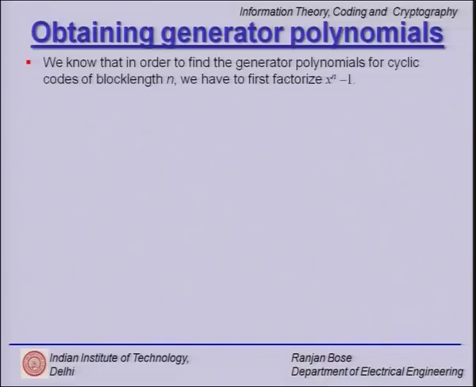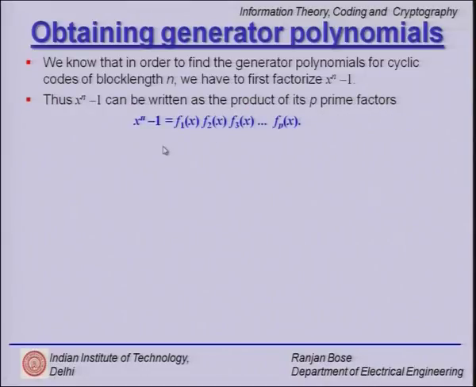We now try to connect this to our factorization problem, because please note we are still in the domain of cyclic codes of block length n, and our whole and sole purpose is to factorize x raised to the n minus 1. So, we can always write x raised to the n minus 1 as a product of its p prime factors.